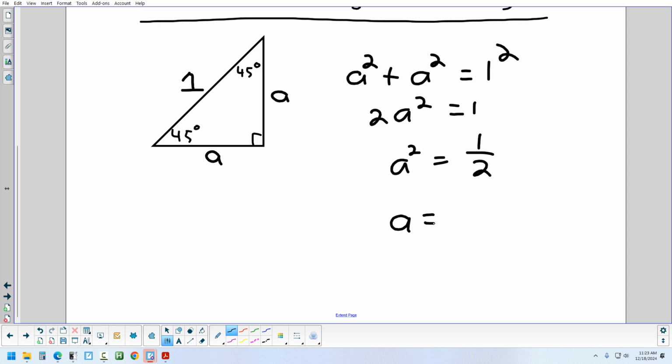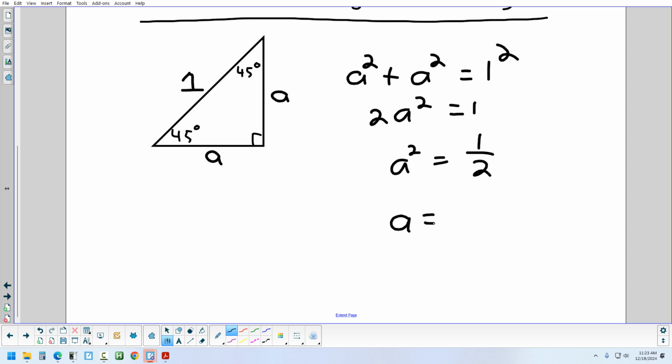How do I do that on paper? I need some arithmetic I can do. We're taking the square root of a half.